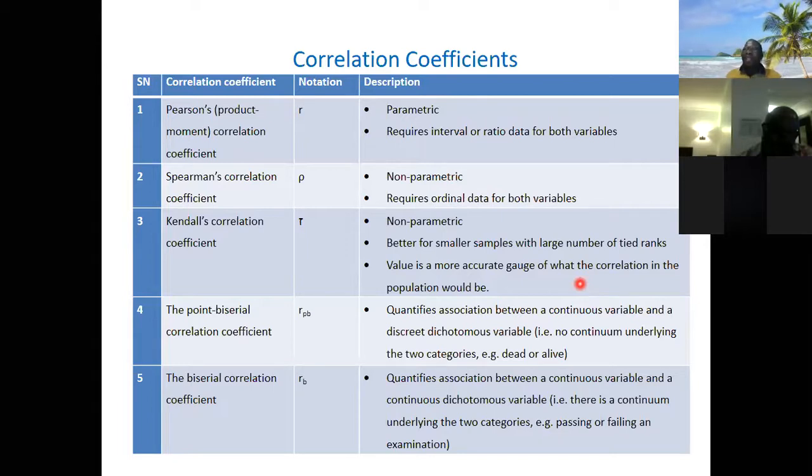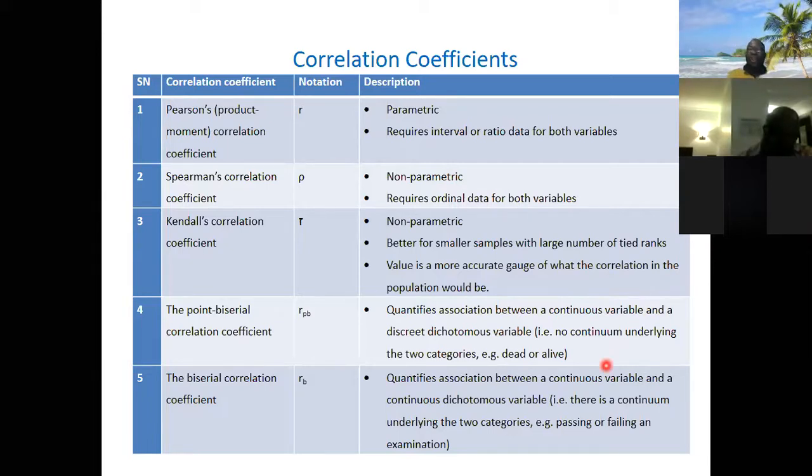Since they occur naturally in groups, it is called a discrete dichotomous variable. Discrete, in the sense that there is no underlying continuum. It's not derived from a number. Sex is a discrete dichotomous variable. Alive or dead is a discrete dichotomous variable.